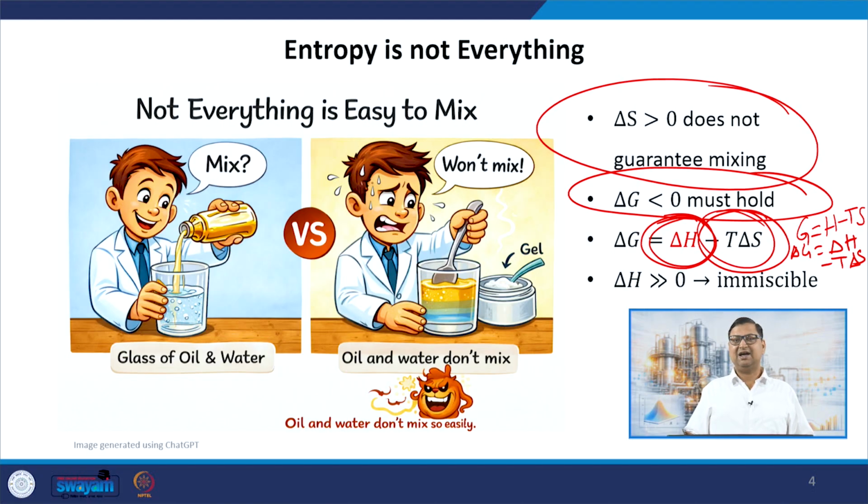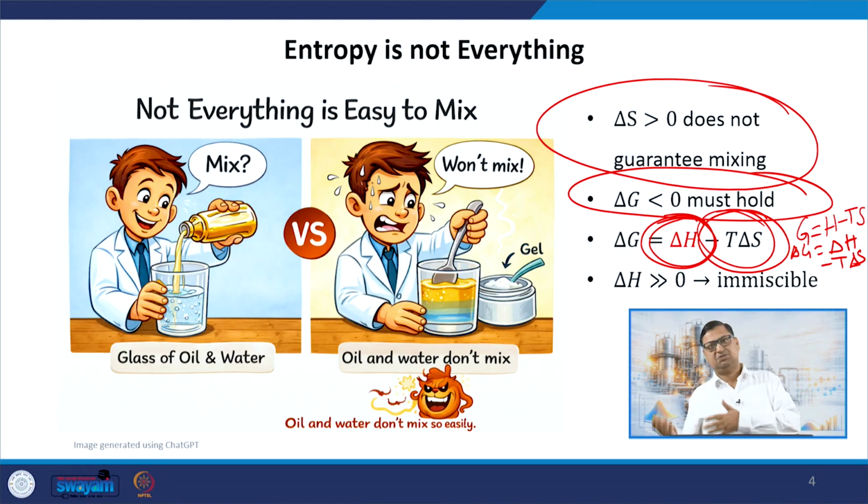And if delta H is sufficiently positive, and if the magnitude of that is more than the magnitude of T delta S, in that case you can imagine that the net quantity is going to be positive, and therefore mixing may not take place, right.